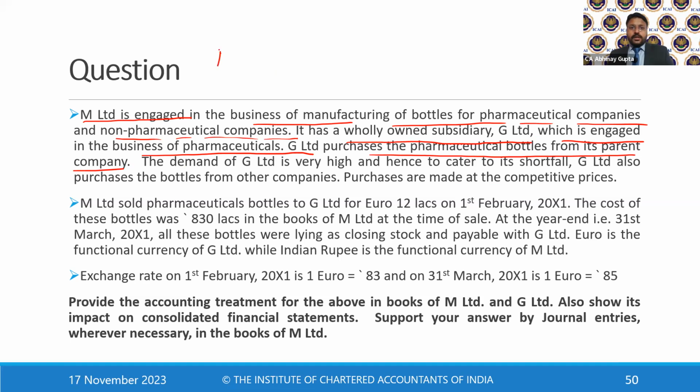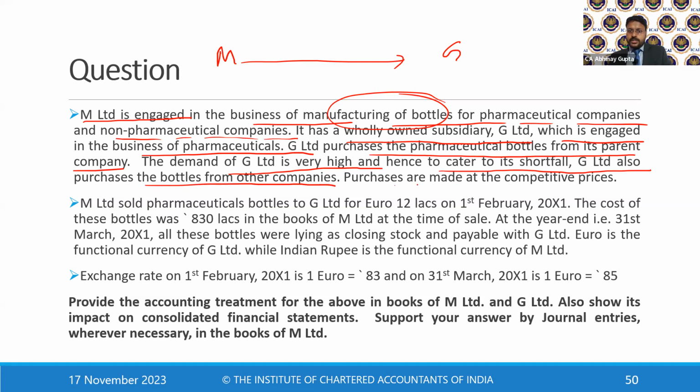So M Limited sells bottles to G Limited. The demand of G Limited is very high, and hence to cater to its shortfall, G Limited also purchases bottles from other companies. Purchases are made at competitive prices.